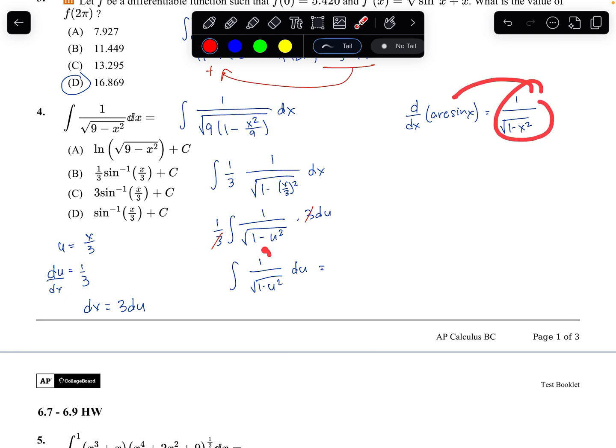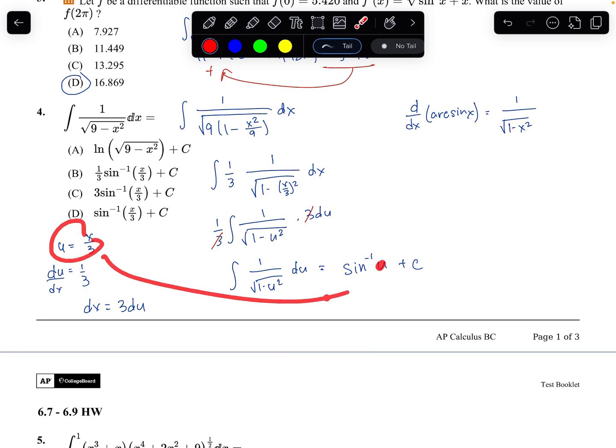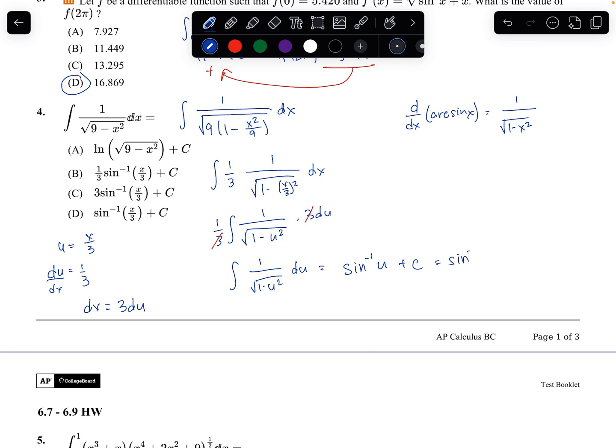The antiderivative of this will be arc sine, so sine inverse of u plus c. Then I can undo my substitution, so that's equal to sine inverse of x over 3 plus c, which will be d.